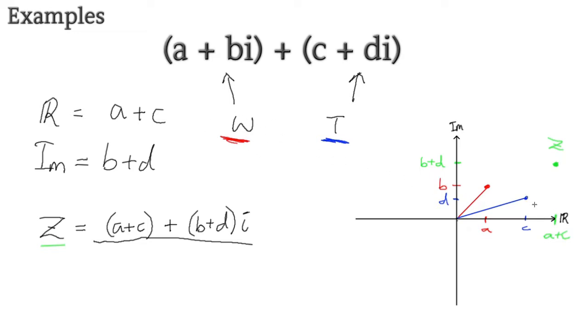I will get to z, and vice versa. You can do exactly the same with t added onto w, and you will get to the complex number z. And this works for all addition of complex numbers.